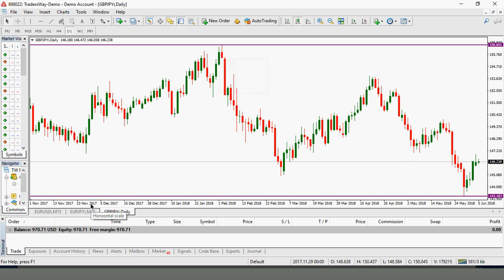So from about November 23rd, 2017 is when it completely shoots out of a bit of consolidation, shoots upward, continues to go upward. Then it goes down, takes a dip.